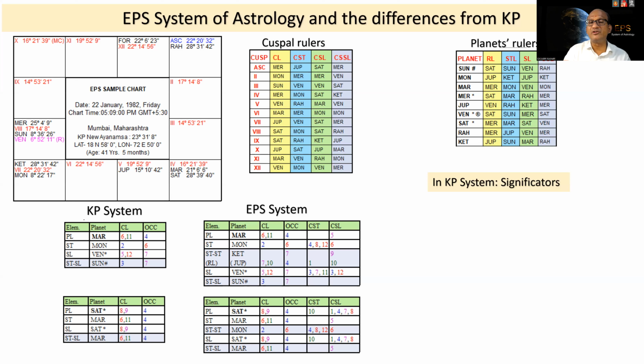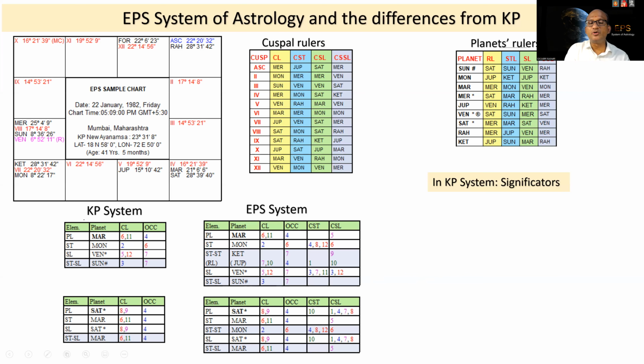A planet you felt could not give marriage would have given it, and a planet you thought would give marriage would not have. Because with the significations as per the fourfold or this CLOCC alone, we will miss many houses that we are considering in the EPS system. I hope you have understood.